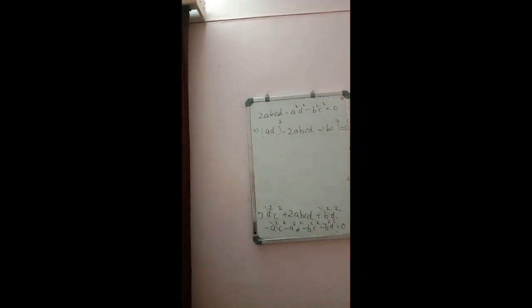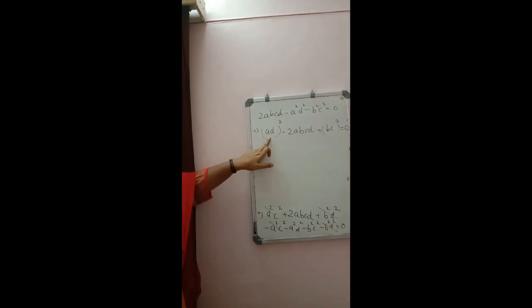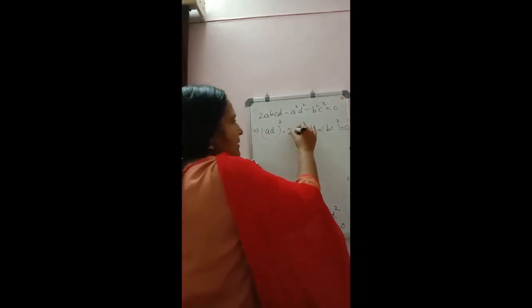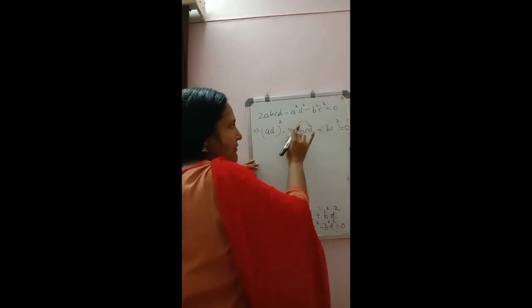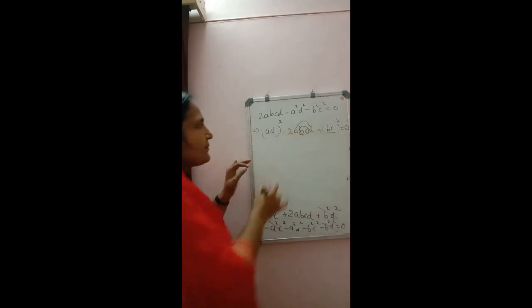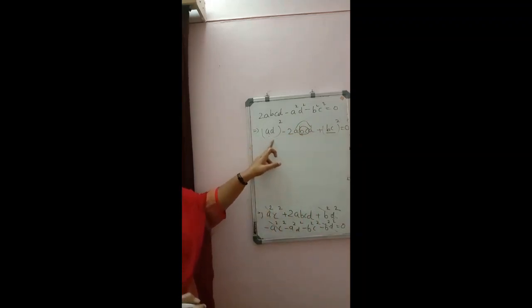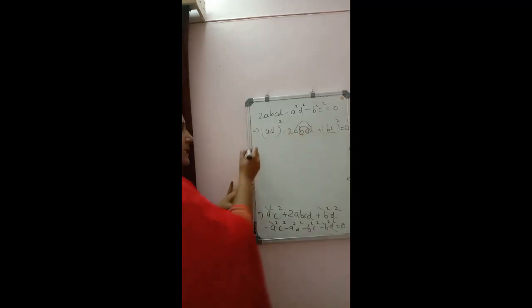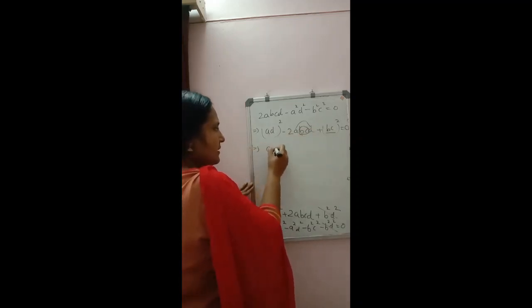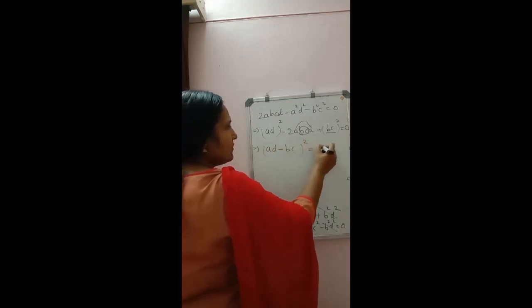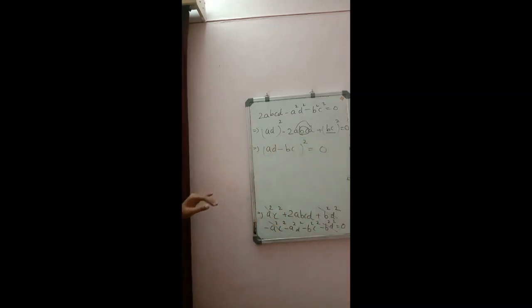You can check, it is in the form of an identity, a² − 2ab + b², where in place of a we have ad and in place of b we have bc, which is equal to (a − b)². So we will get (ad − bc)² = 0.